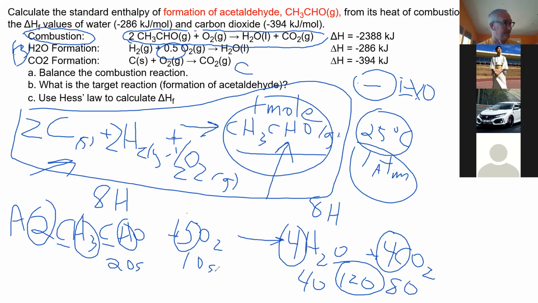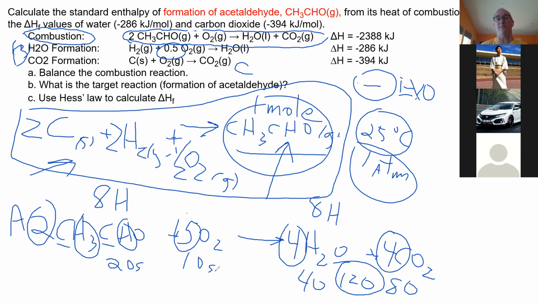If it's a standard enthalpy of formation, yes, you have to know what the standard temperature and pressures are. But really, what does that mean? Basically, that just means that at that standard temperature and pressure, oxygen's going to be a gas, hydrogen's going to be a gas, nitrogen's going to be a gas, carbon's going to be a solid, and that's pretty much it.